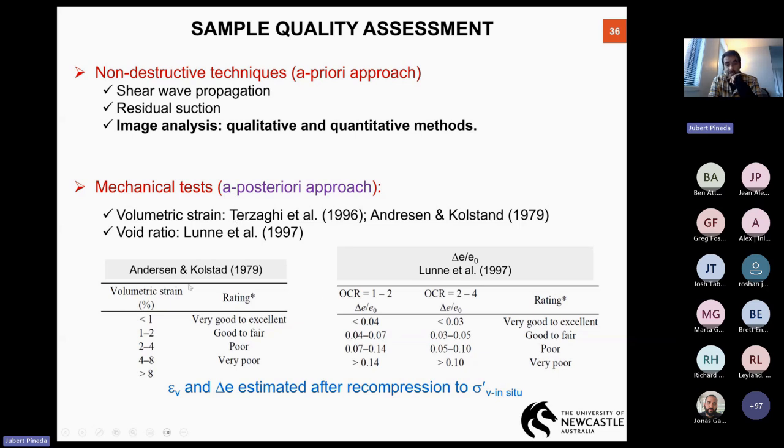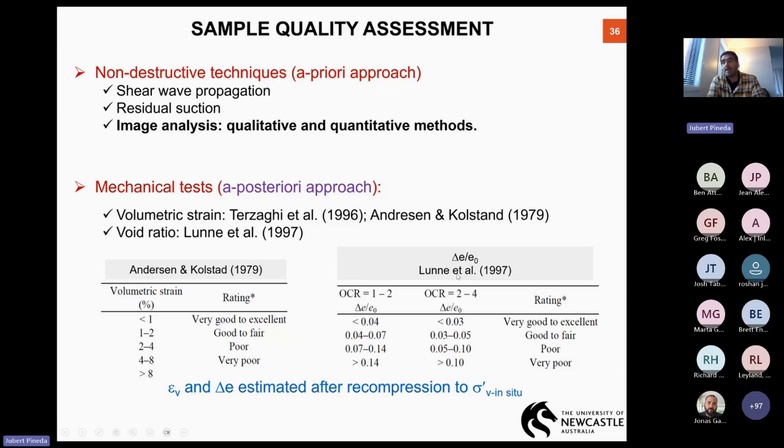These tables at the bottom basically summarize the methods that you can use in practice. The first table on the left is the original procedure proposed by NGI based on volumetric strain. I'm going to discuss briefly the second table on the right-hand side.